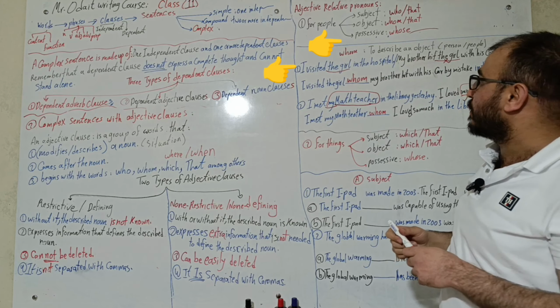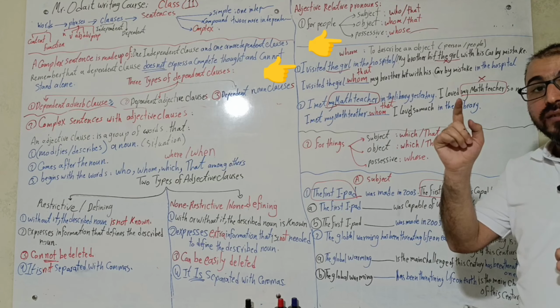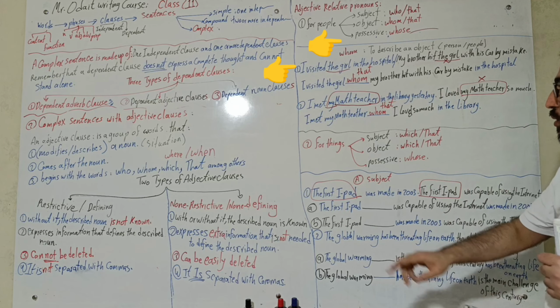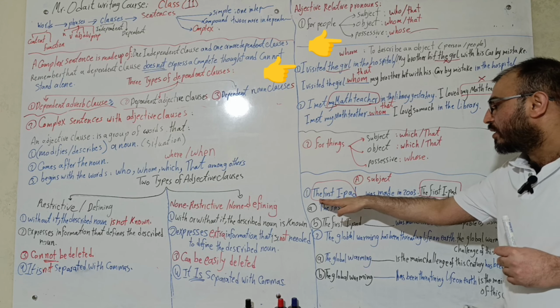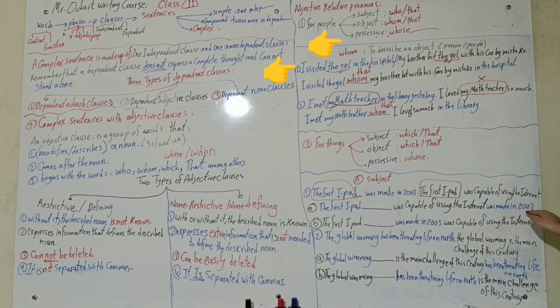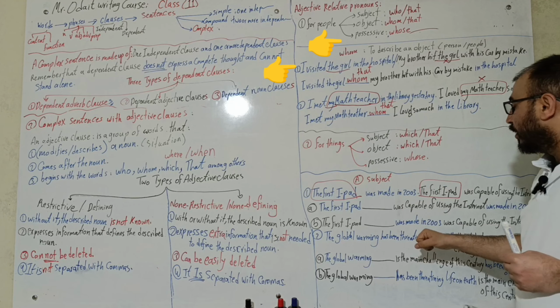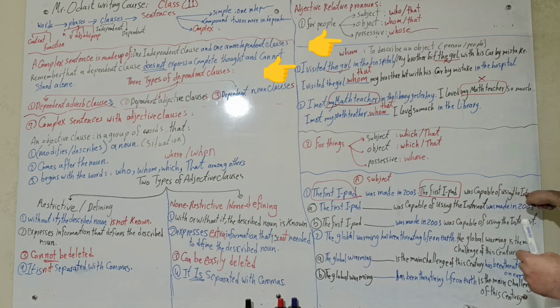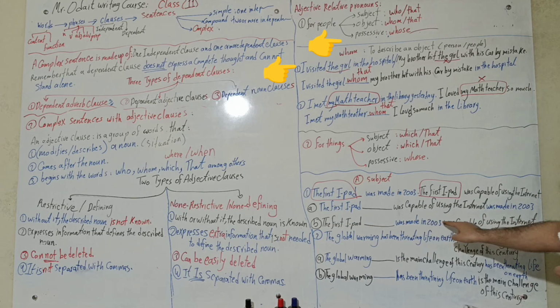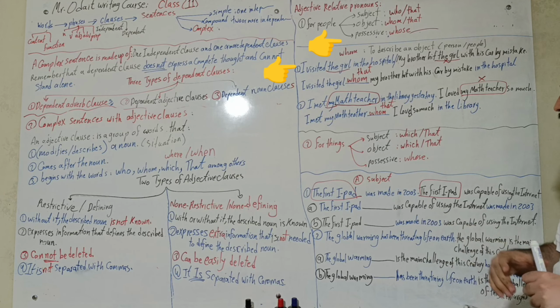Let's start. Here, my friends, we say the first iPad was made in 2003. The first iPad was capable of using the internet. And again, my friends, when the subject is repeated, I always have two options. The first one is to consider the first simple sentence as the main sentence, as we see in blue here, and insert the second one as a dependent clause, or we can use the second simple sentence as the main sentence, which is in black here, and insert the first one as a dependent clause.